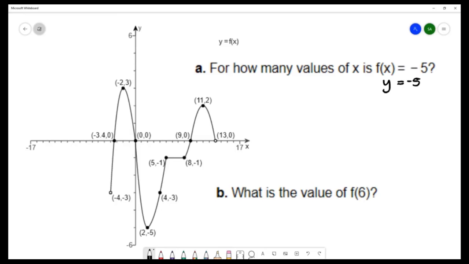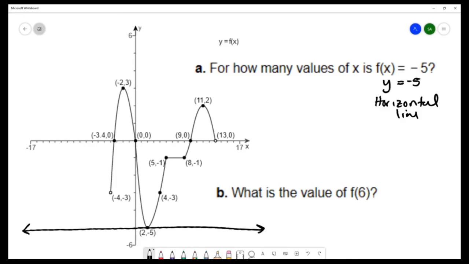One way we can think about this is to draw a horizontal line. Y equals negative 5 is a horizontal line, and that horizontal line will be at y equals negative 5. I'm going to draw it right here. If we think about it, every ordered pair on this line will have the y-coordinate being negative 5.